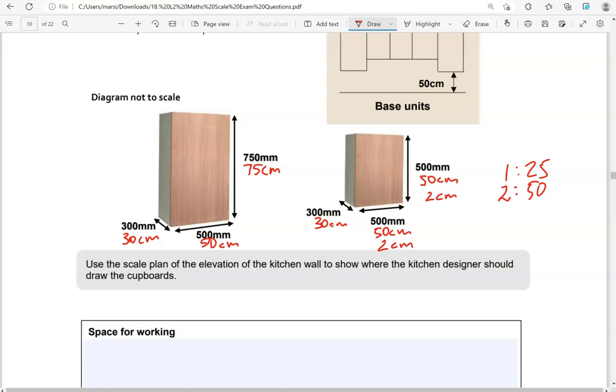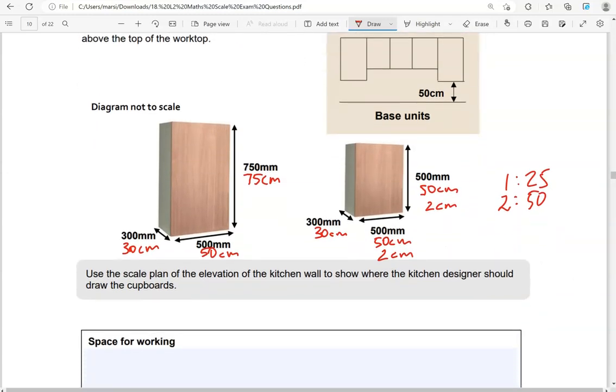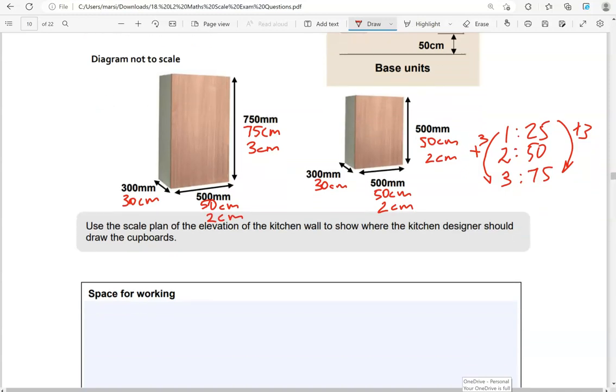In terms of the depth, which is 30 centimeters, we're not going to really need that because it's not going to be shown on the grid. What about 75 centimeters? 25 times 3 is 75, so we'll do the same here. 1 times 3 is equal to 3, so that will be 3 centimeters on the grid, and this will be 2 centimeters. And this gap, that will be 2 centimeters as well.